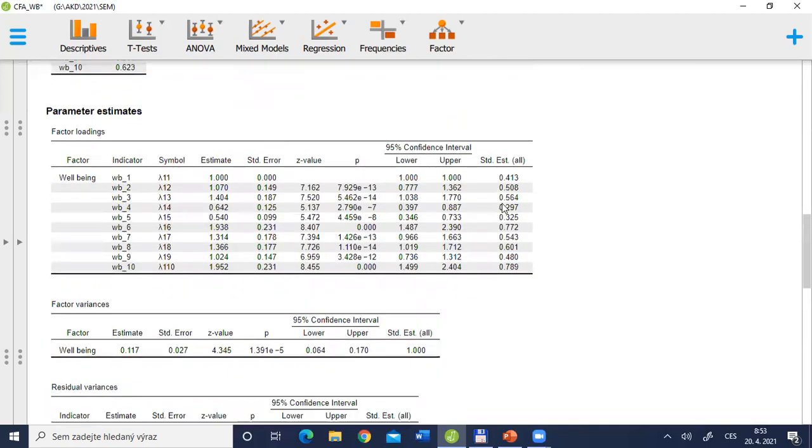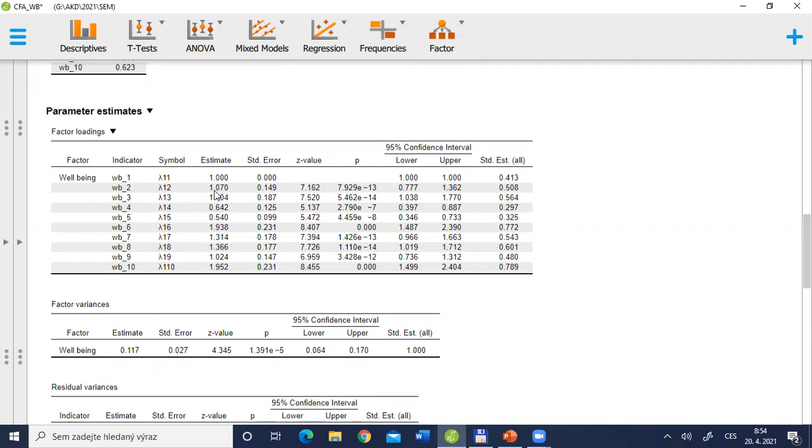This is the only meaning of this value 1 and no statistical evaluation. Here you have confidence interval 1, 1, so it means this is also not computed. This is the estimate which is fixed, so no estimation at all, and all the rest, all these lambdas, are estimated.